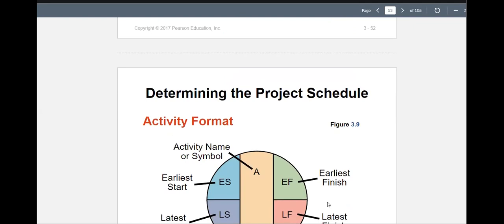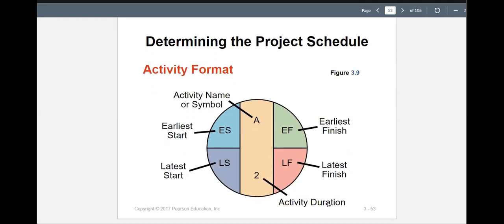Okay, so you can see it here. This circle represents one of those nodes where we put the activity name. You can see we divided it into 5 parts, and in fact it's 6 parts. On the top we put the activity name or symbol.